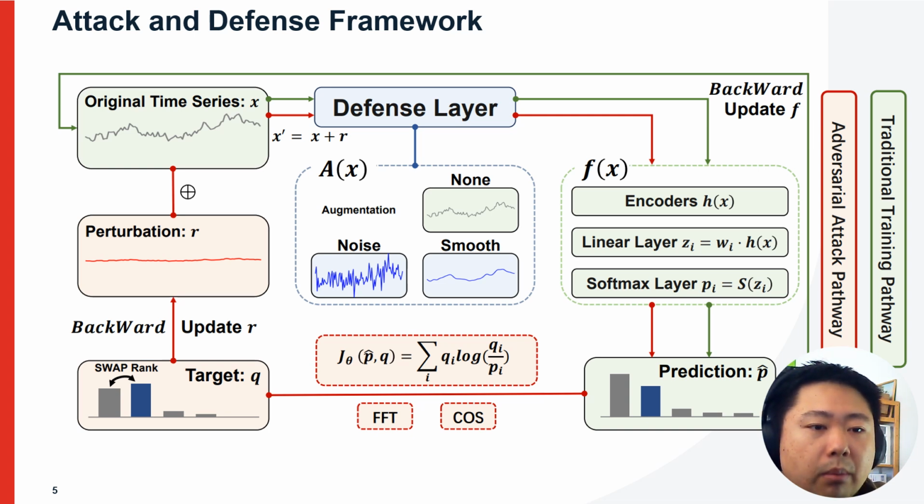During the backpropagation, rather than updating the model F, the perturbation R is updated, and the modified input, X plus R, is fed back into the model, which corresponds to the red line.